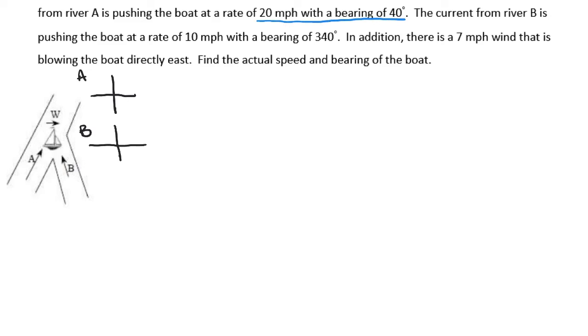Okay, so the bearing of 40 is here. And we need to come up with what is the standard angle measure. Well, the standard angle measure is just going to be rotating in this direction, and that will be 50 degrees.